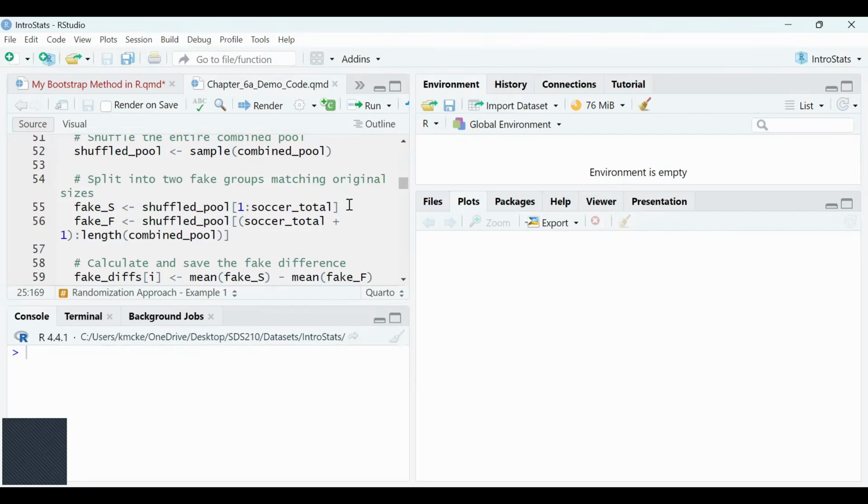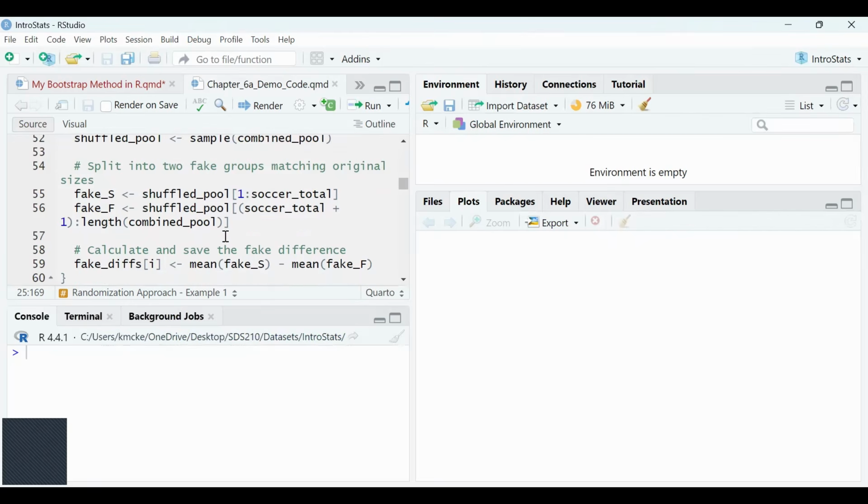So there were 180 soccer players. So this will give us a fake sample of 180 soccer players, and then it'll start at 181 and go the rest of the way to the end of the pool, and those will become the fake football players.